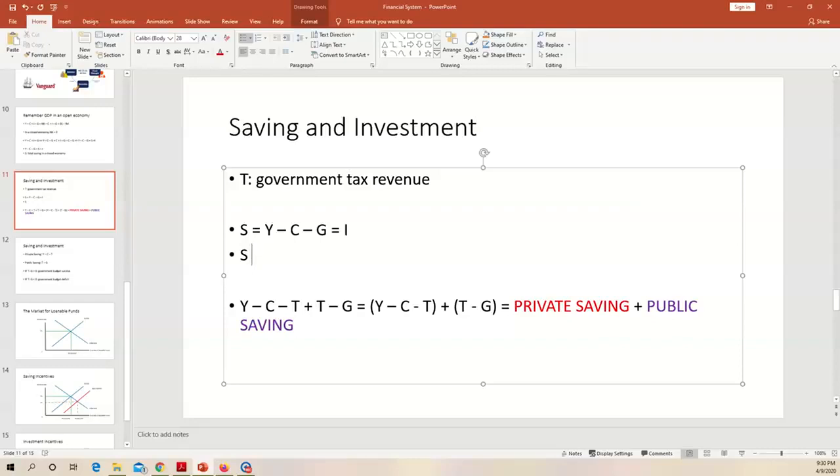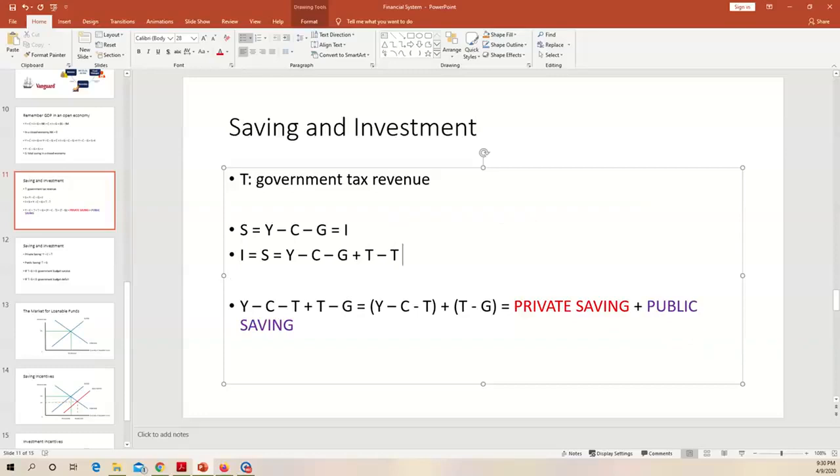Investment equals saving equals GDP, which is also income, minus consumption, minus government spending, right? So now I want to do a mathematical trick. I'm going to continue from here. I'm going to add plus tax minus tax. So you can see plus T minus T, they cancel out in reality, right? So this is just a mathematical trick.